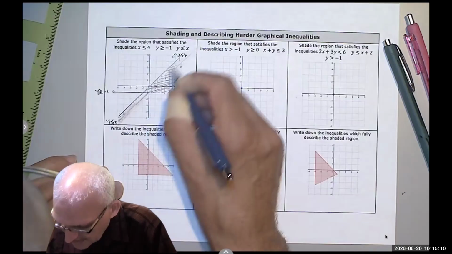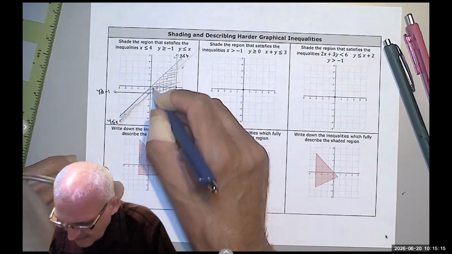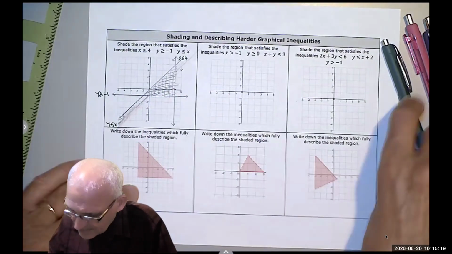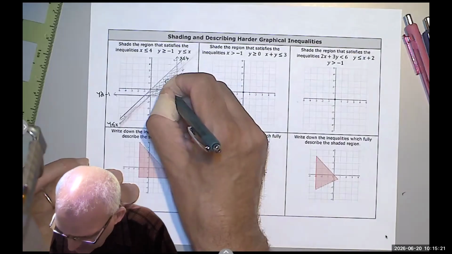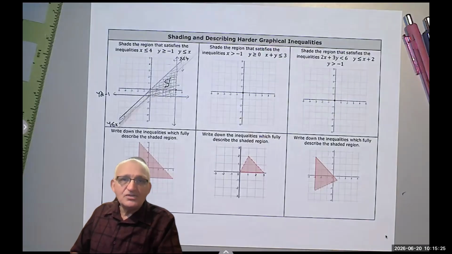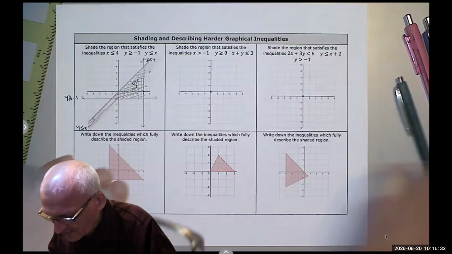Any point inside as well as on these three lines is inside my solution space. So I write S in this shaded area, meaning any point here can be used as a solution to the system. I'm so sorry about that. I have to be more careful.